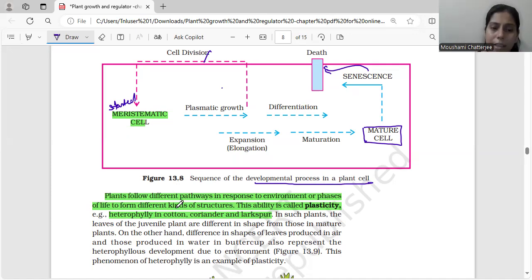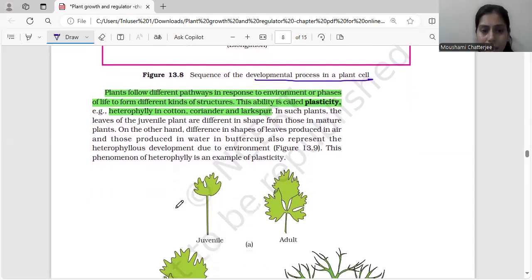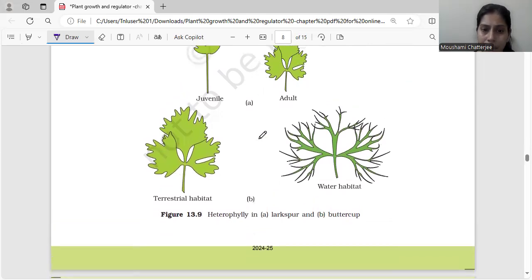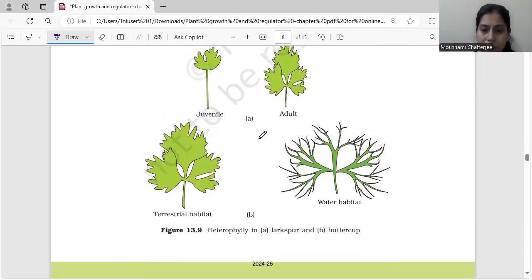Okay. Now there is an important point over here, plasticity, which is very, very important. Let me take some examples of plasticity. Sometimes plants also show response to the environment, and they form different structures. This is known as plasticity. Now, let's take an example of heterophylly in cotton, coriander or larkspur. You can see over here, heterophylly in A is your larkspur and B is your buttercup.